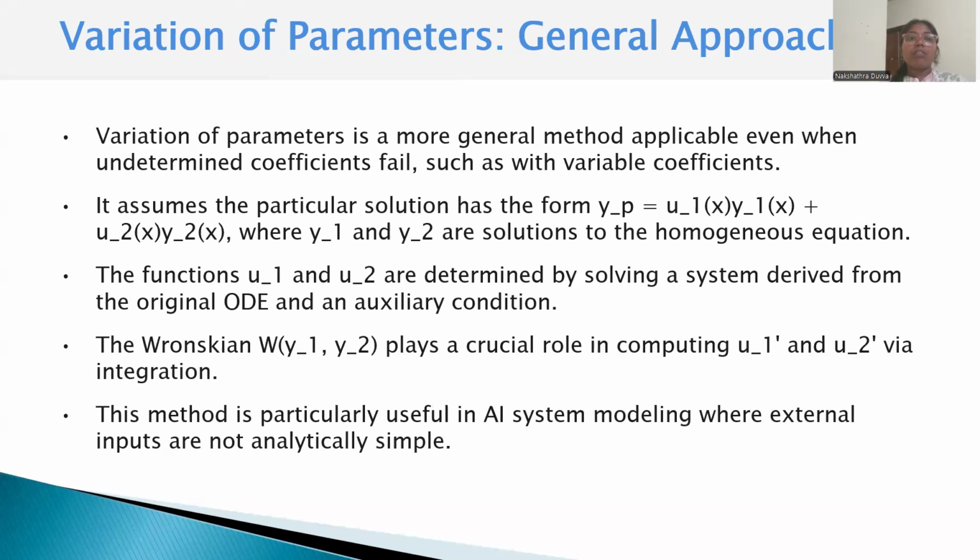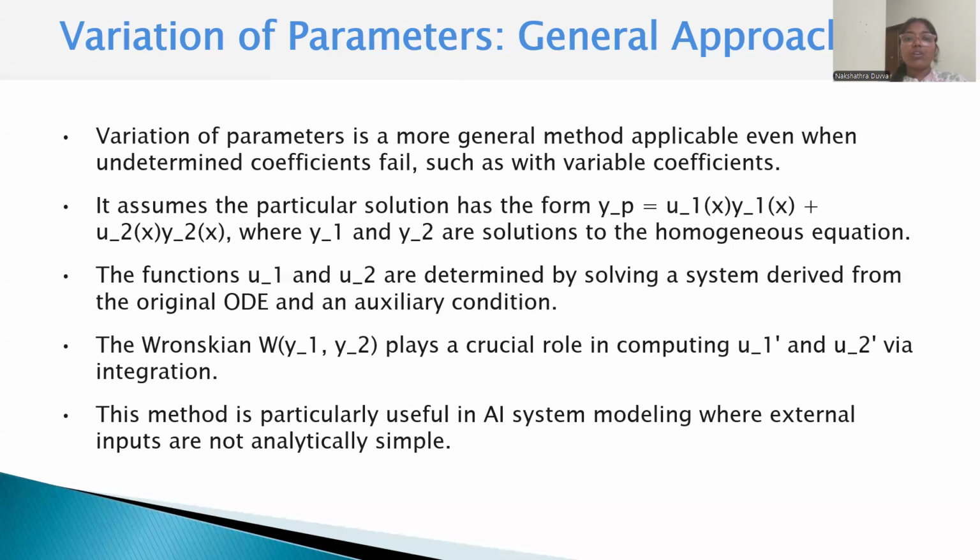Variation of parameters. General approach. Variation of parameters is a more general method applicable even where undetermined coefficients fail, such as with variable coefficients. It assumes the particular solution has the form y_p equals u1 of x y1 of x plus u2 of x y2 of x, where y1 and y2 are solutions to the homogeneous equation.